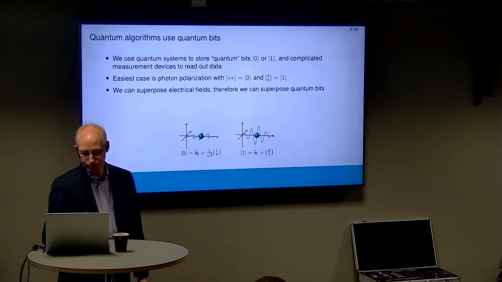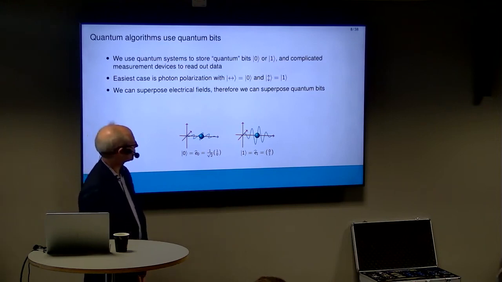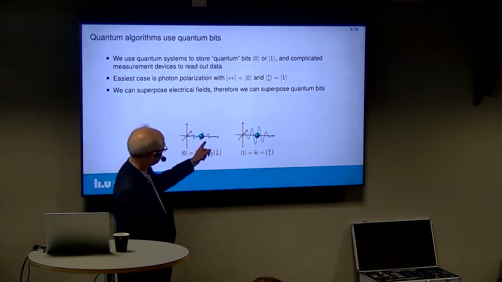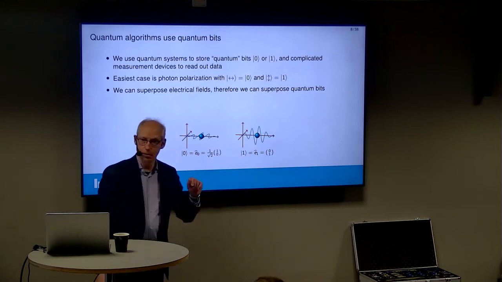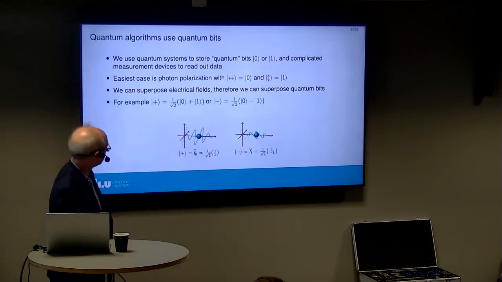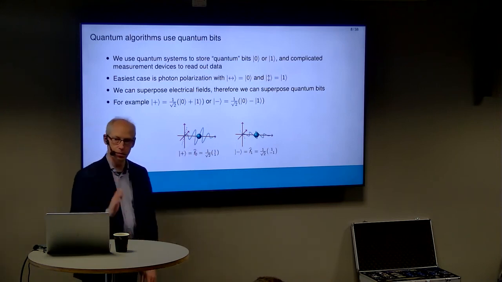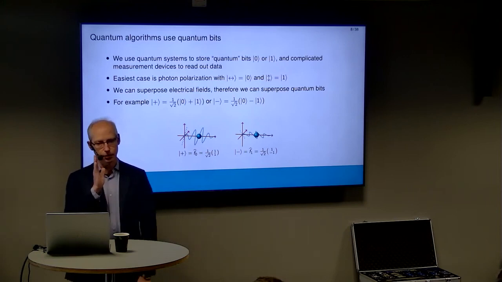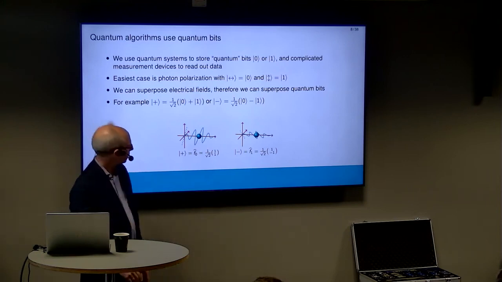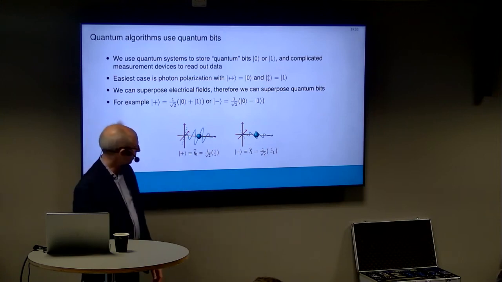Now, of course, electrical fields can be superposed. This means that we can add them together if you want. So if we do that, we get a different polarization. If I add these two, I'll get a different polarization. Depending on the phase, actually, I'll get a variation of the angle.